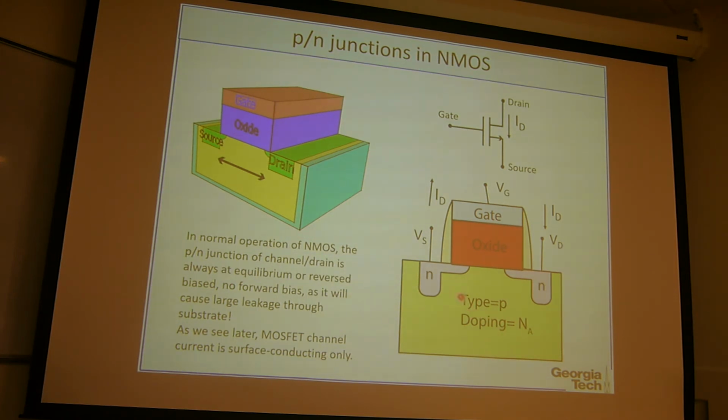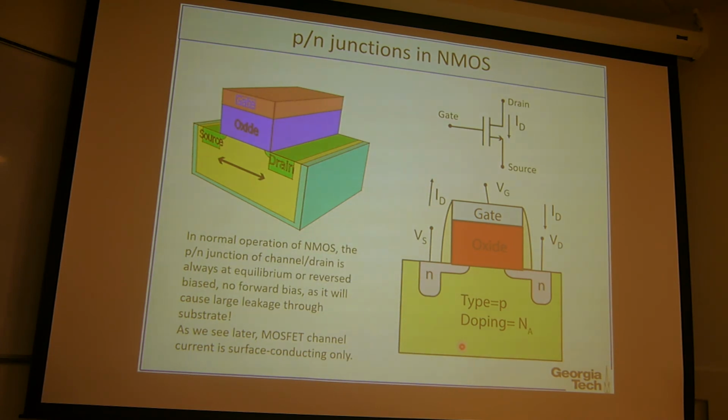That means you are going to turn on the PN junction from the body to the source, or the body to the drain. This is not allowed in the circuit design, because that means you will have large, exponential currents from this body contact to the source, and from this body contact to the drain, which is useless, and you are going to burn the power there.